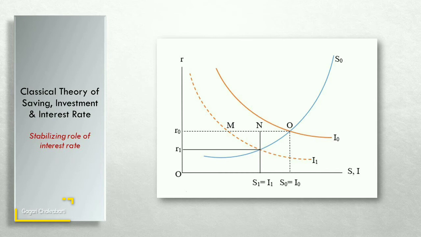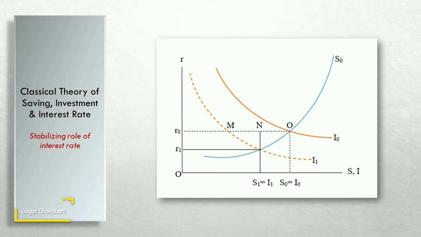Let us now elaborate on this impact of the investment decline. As the interest rate declines, there will be two adjustments occurring in the economy. Firstly, the saving would decline, thus the consumption would increase. The fall in saving and the resultant increase in consumption expenditure is shown by the distance ON in the diagram, which is nothing but the difference between S0 and S1.